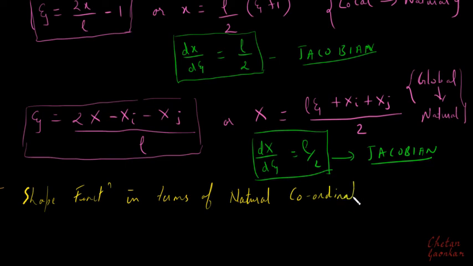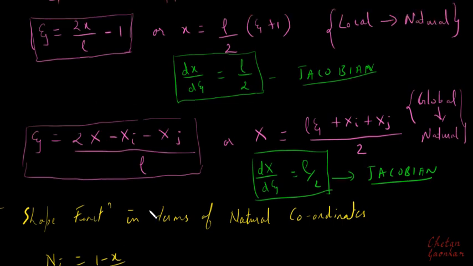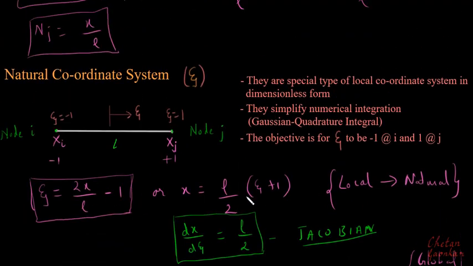We had seen that the shape function in terms of local coordinates, Ni, can be given as 1 minus x by L. And further we saw that x in terms of the natural coordinate can be written as L by 2 times (xi plus 1).